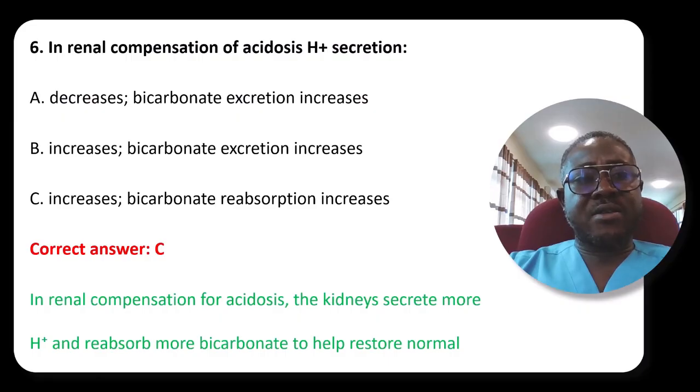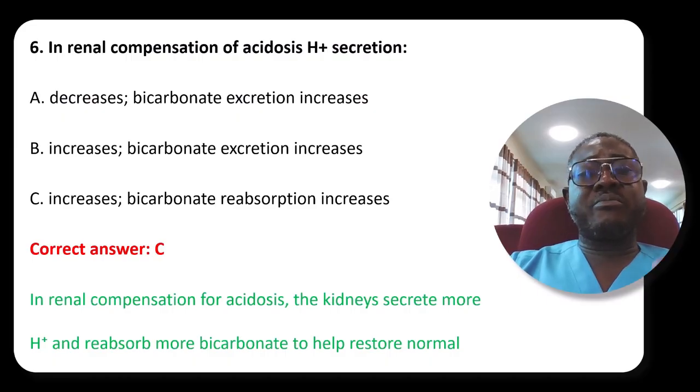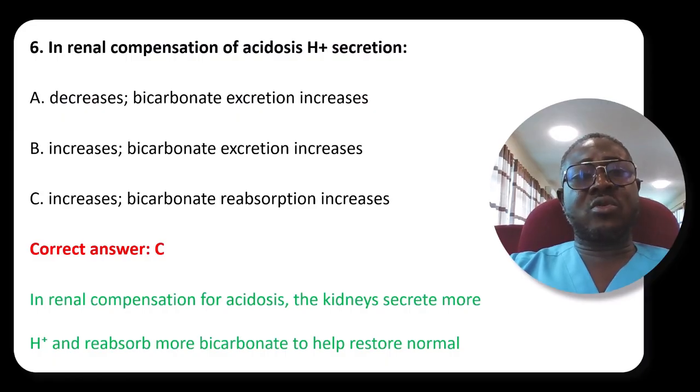But the next one, which is bicarbonate excretion, also increases. Now bicarbonate, as we all know, is alkaline in nature, and so if you are bringing out bicarbonate, and you are also increasing your secretion of hydrogen ion, then you are not solving the problem. Here the patient is having acidosis. There's a high amount of acidity of the blood, and so you are bringing out the hydrogen ion, and then you are retaining an alkaline substance, which is bicarbonate.